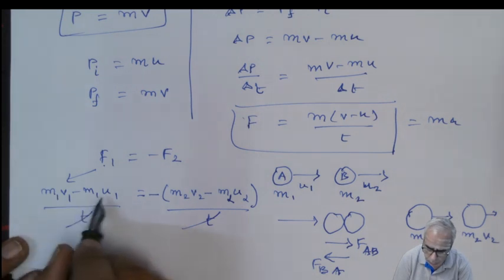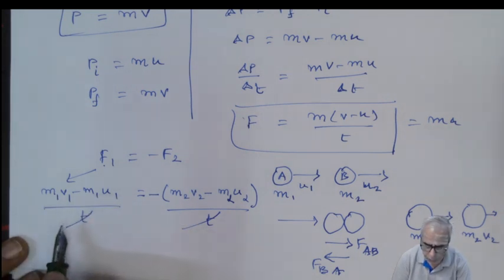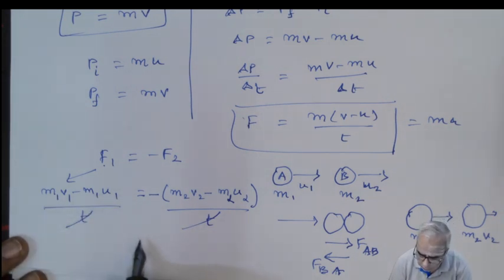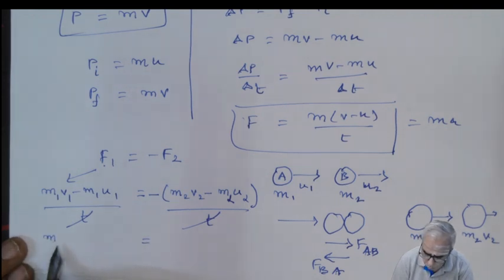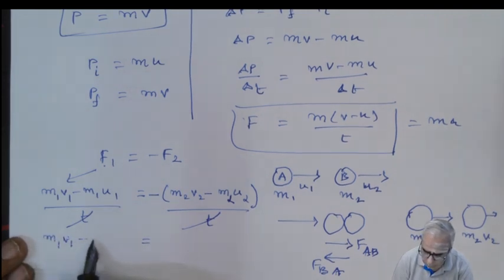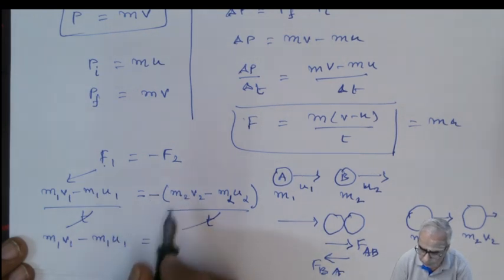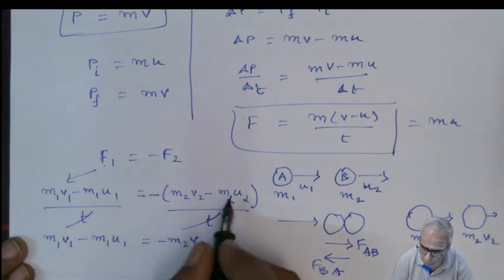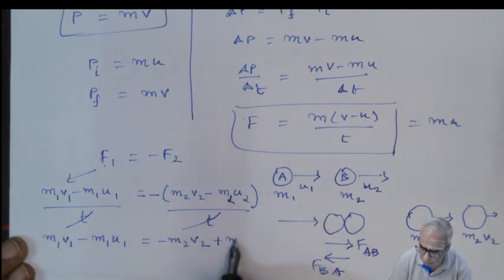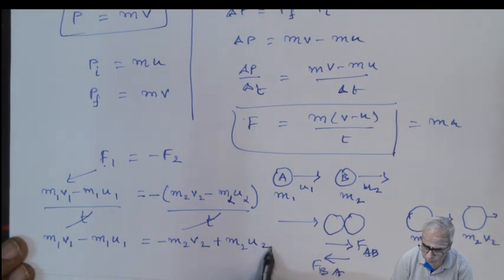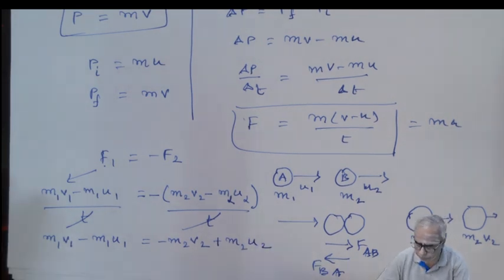Now this is only change of momentum. Are you able to follow? So that is equal to, now let me put m1v1 minus m1u1 is equal to minus into plus minus, so m2v2. And what about this? Minus of minus, plus. So m2u2. Right?